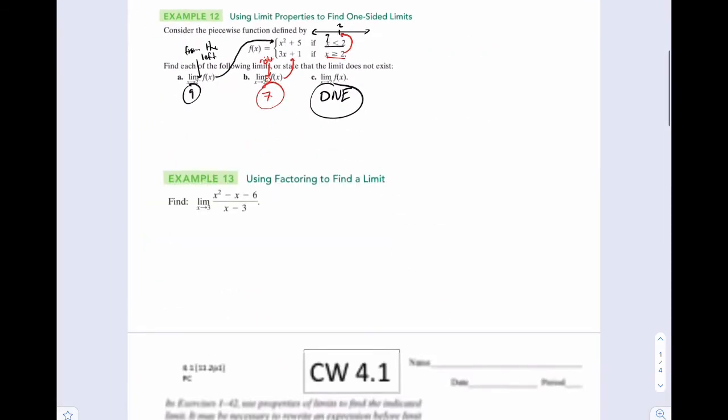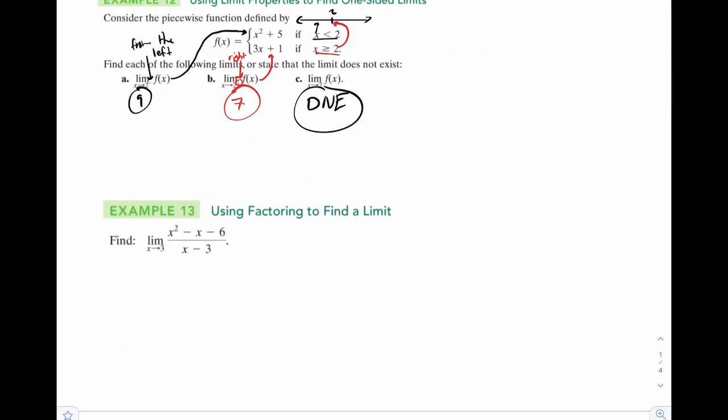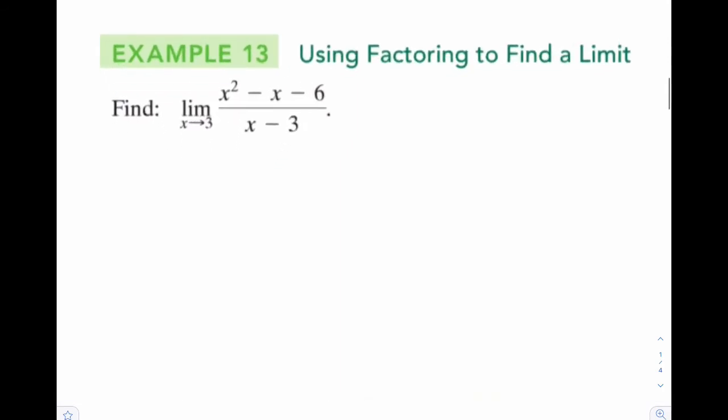And here's our last example. Let's look here. Notice if I plug in 3, look at what happens. I get 9 minus 3 minus 6 all over 3 minus 3. So of course the top becomes 0, but that's not a big concern.